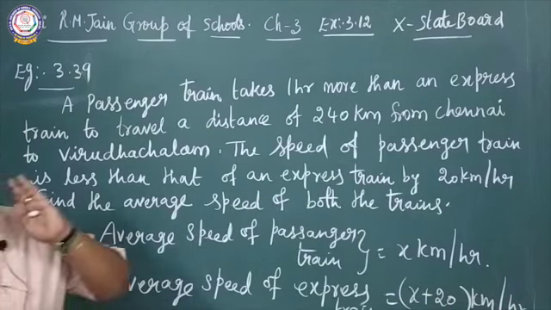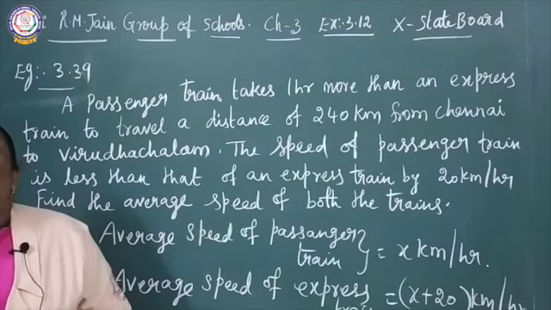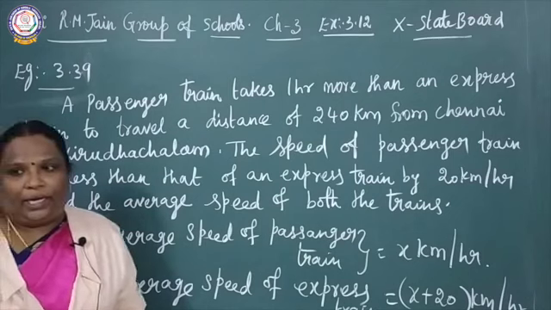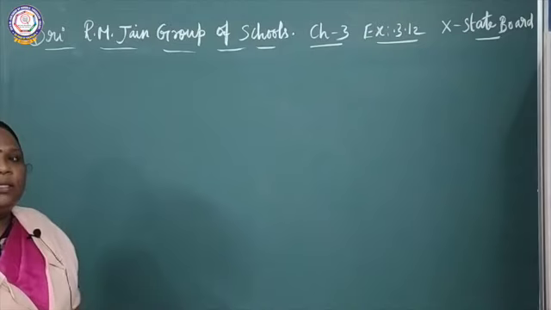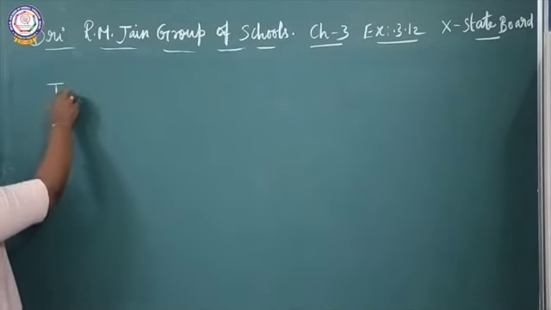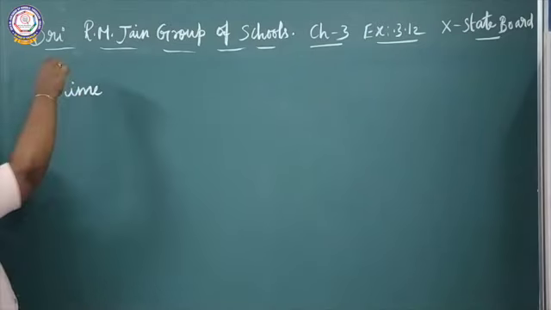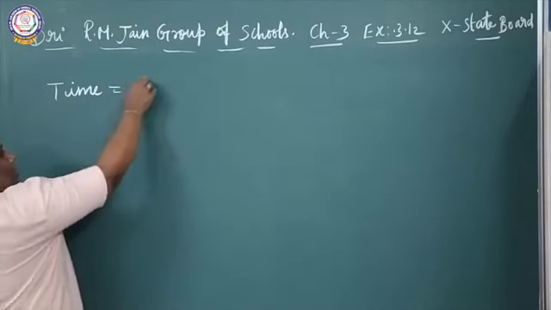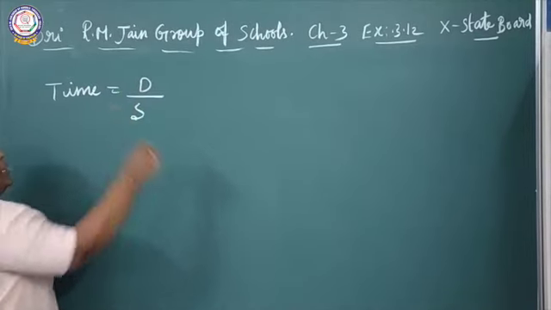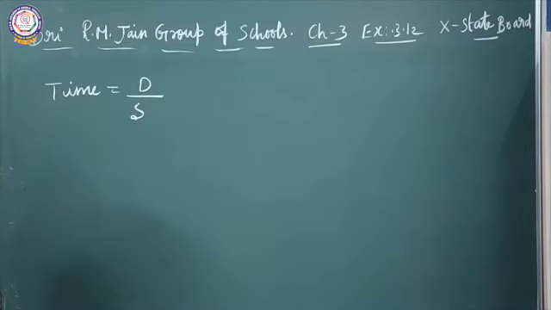What is the distance they have to travel? Distance is 240 kilometer. See, time taken. What is the formula for time? Time equal to distance by speed.